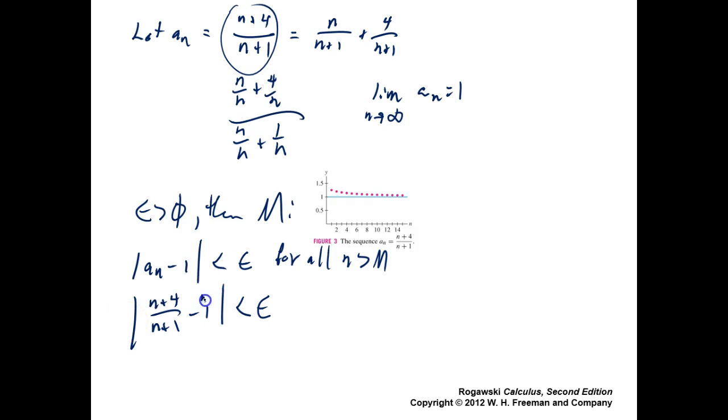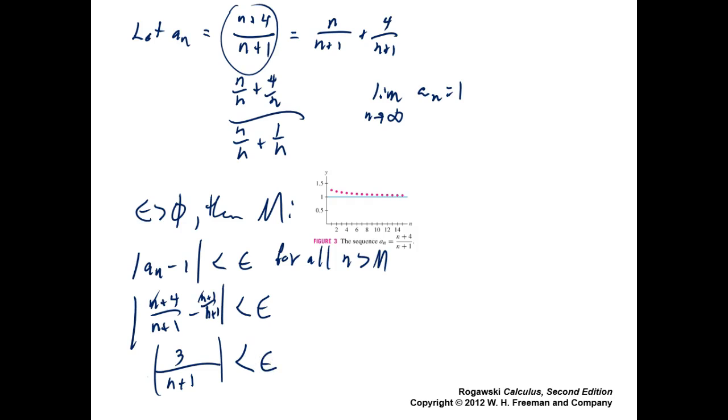So that's going to be n plus 1 over n plus 1. That's 1, right? If you subtract your numerators, n minus n goes away, 4 minus 1 is 3 over n plus 1, which needs to be less than epsilon.